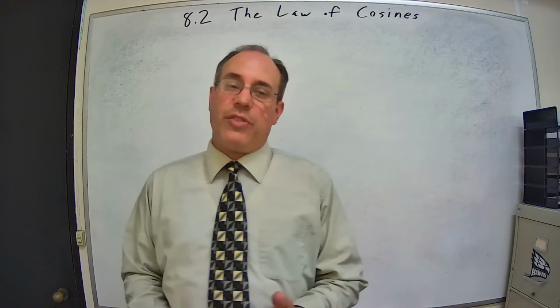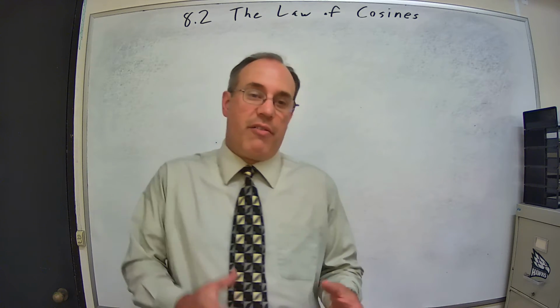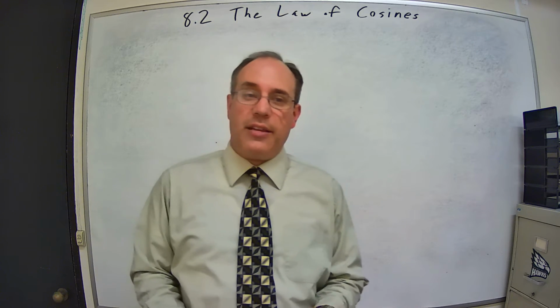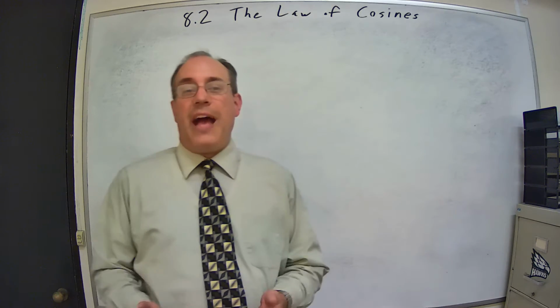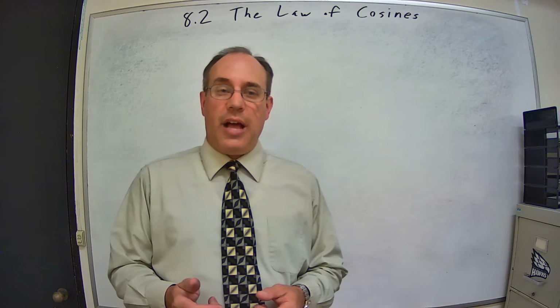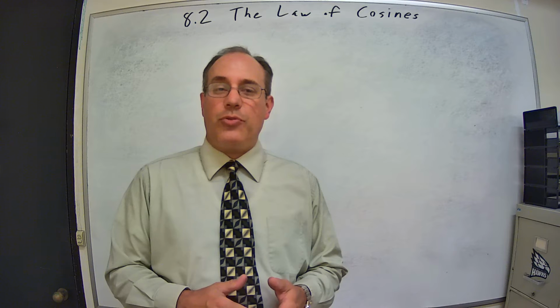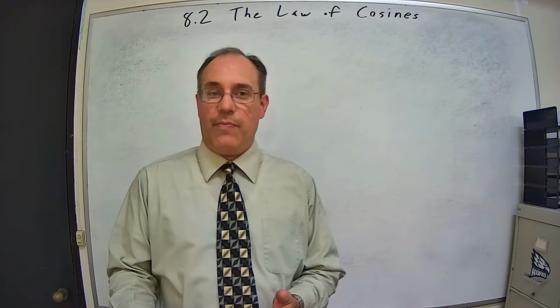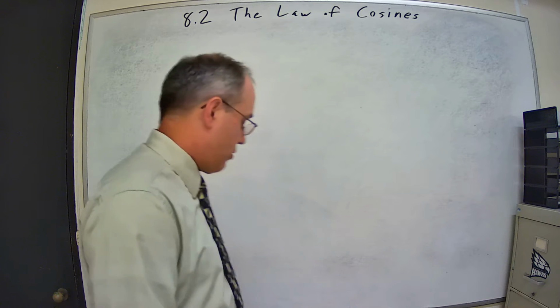So as we start this, based on that fourth case where you have three sides, I just want to point out that for you to have a triangle, the two smaller sides must add up to a value larger than the longest side. Otherwise, you don't have a triangle.